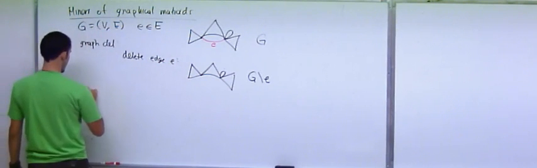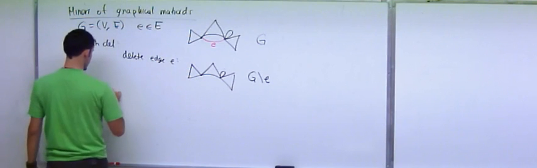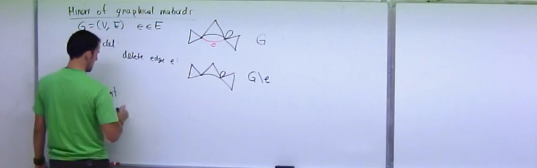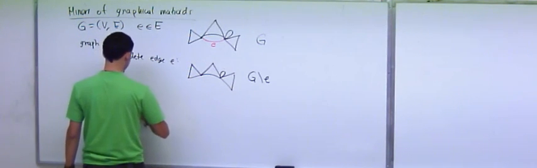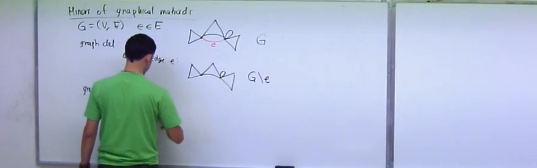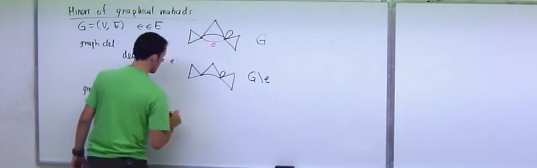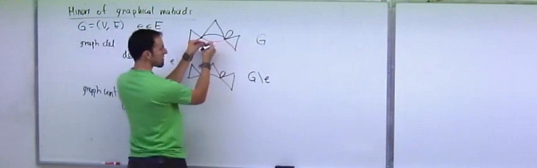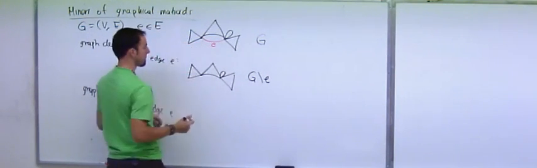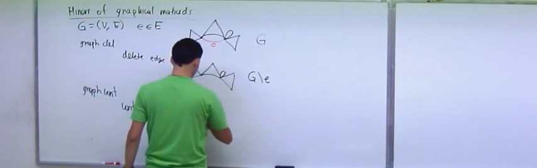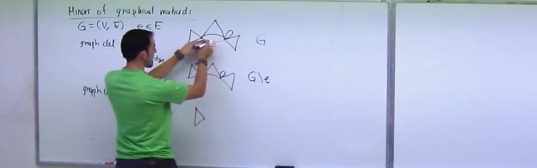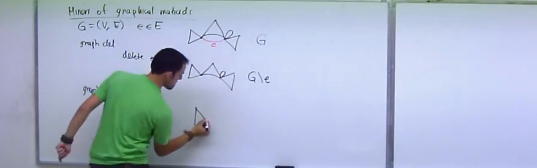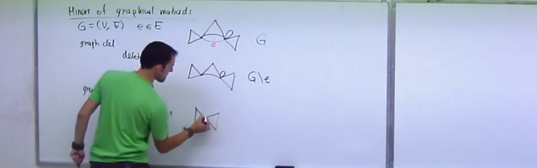And we have a notion of contraction, which is that of contracting edges. What does it mean to contract an edge? What you're going to do is just squish it and identify the two ends. Okay. So these two guys get identified, and so I'm going to get something that looks like this.